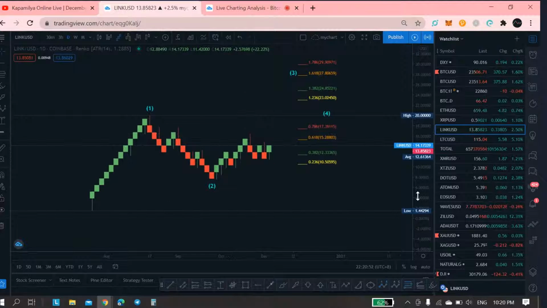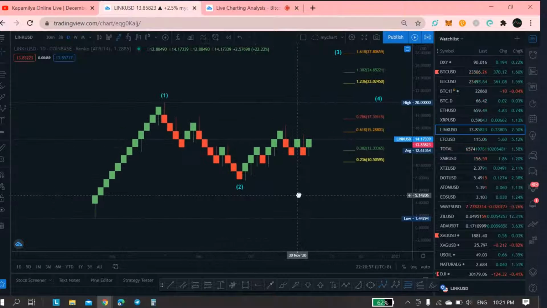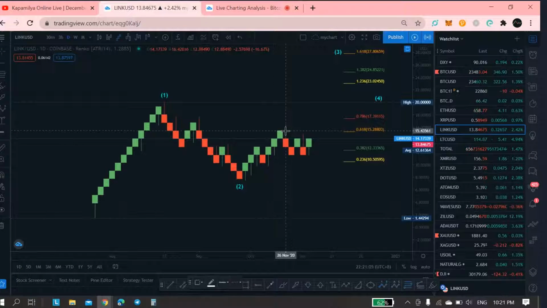But on very simple support and resistance, since it's currently forming a confirmed bullish Renko chart, it will possibly retest this area, the immediate resistance I'm looking at, which is $15.